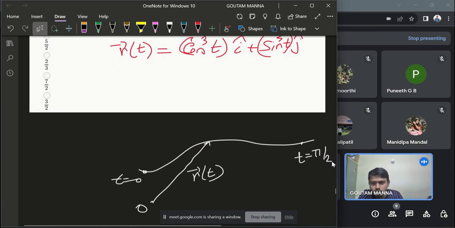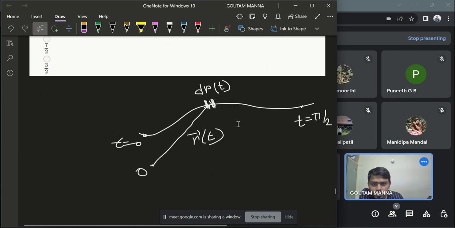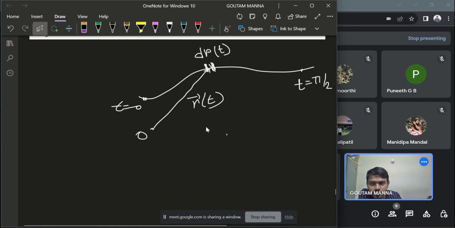Now to find out the length, we need to get an infinitesimal distance along this curve at any point of t. Let's call it dr, which is a function of t. At any point t, this is the infinitesimal length on this curve, and the whole length will be the integration of the magnitude of dr from t equals 0 to t equals pi by 2.